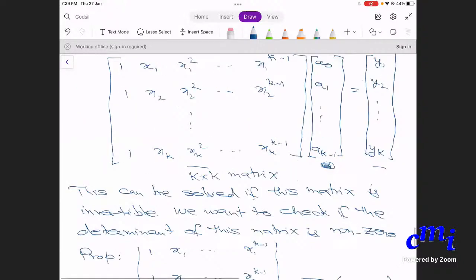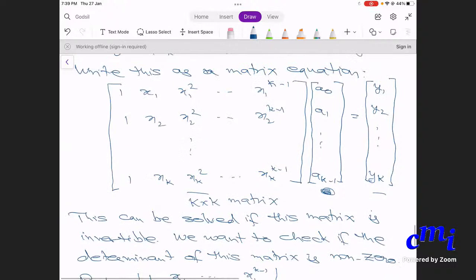And once it is invertible, no matter what y1 up to yk is given, you can solve this equation and get a0 up to ak minus 1. Which means you can always find a polynomial of degree k minus 1 that will go through any given k points. That's the conclusion, and that's called Lagrange interpolation.